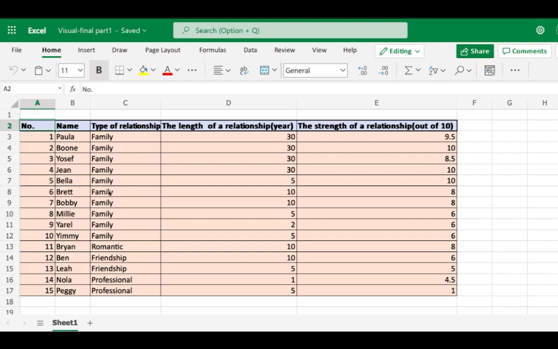It depends. And the important information is the strength of the relationship. I scaled it from 0 to 10. 0 means I have a weak relationship with that person, but 10 means they are my favorite person, so I give them 10.